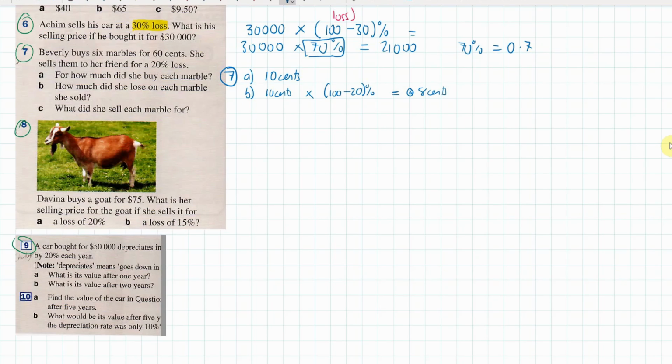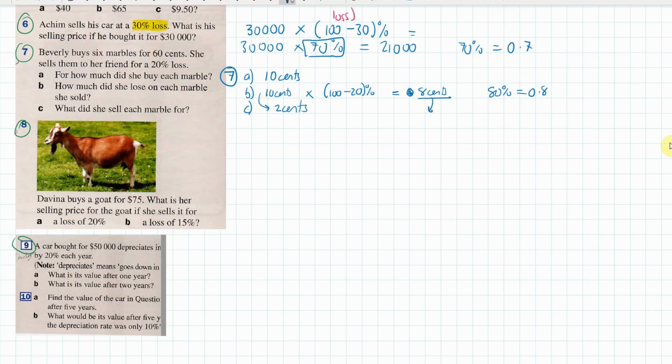Okay, so 0.8 times 10 is 8. Again, 80% is equal to 0.8, if you're a little bit confused there. So 8 cents. So I've already answered, that's my answer to C. And my answer to B, how much is she losing on each marble? 2 cents.